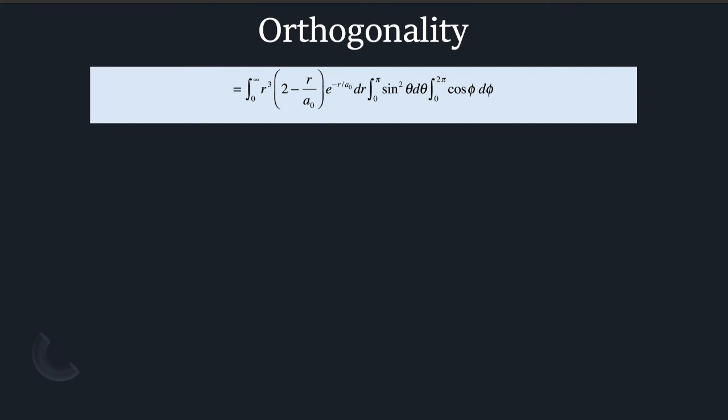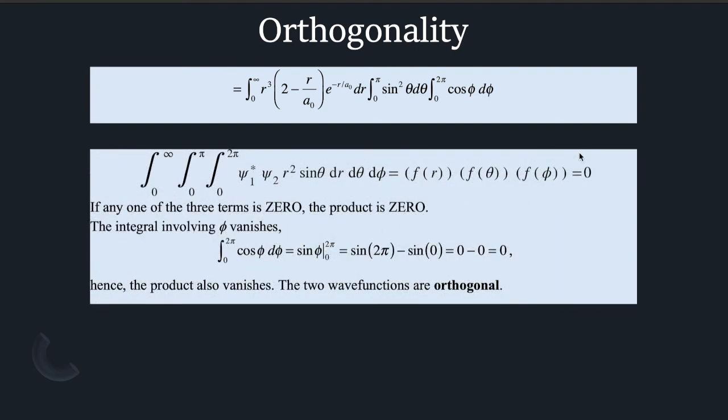If you have a triple integral and you're trying to see if it goes to 0, and it is the product of 3 functions, if any one of those terms goes to 0, then the entire product goes to 0. Once you've found a term that goes to 0, you can stop.